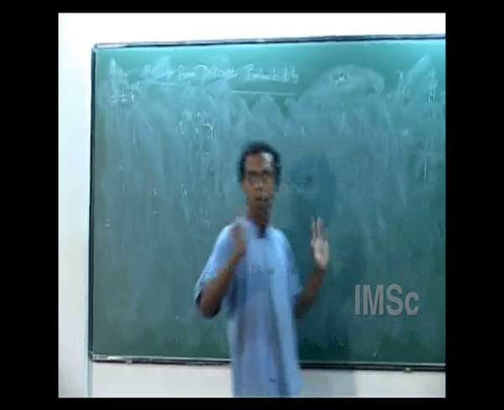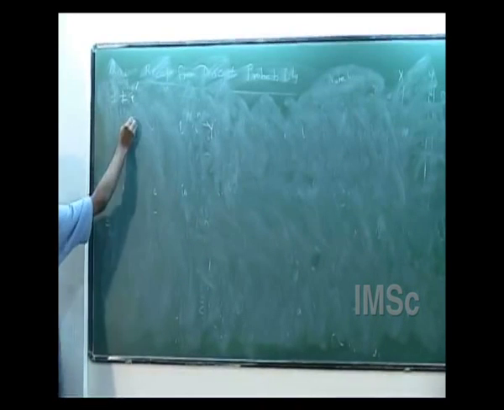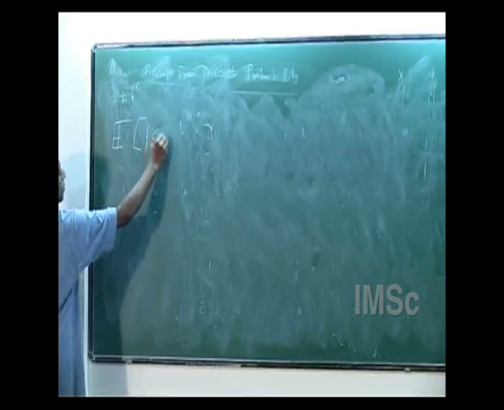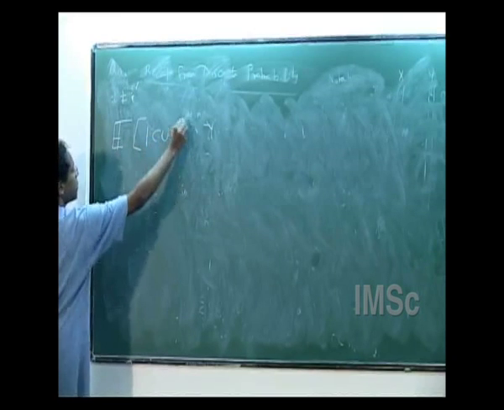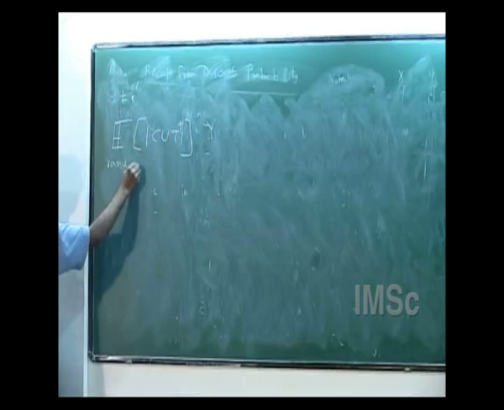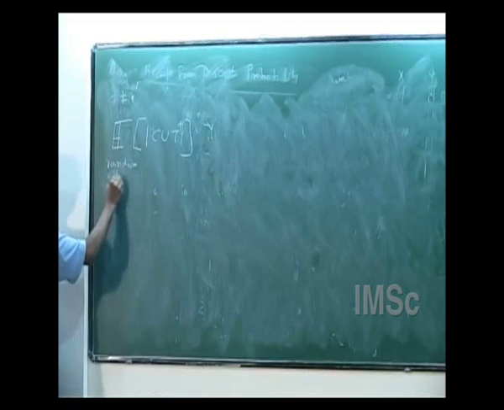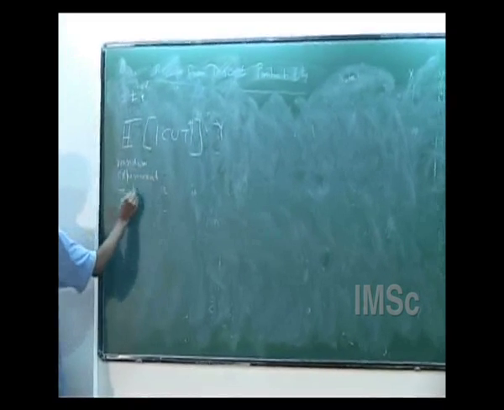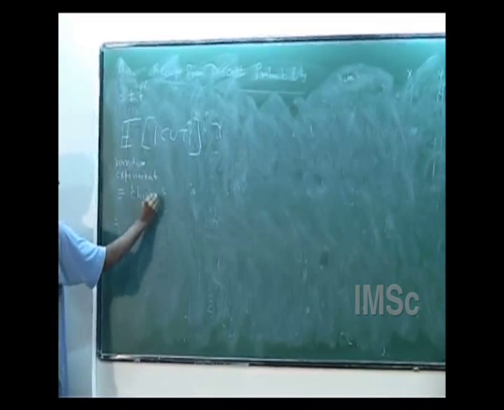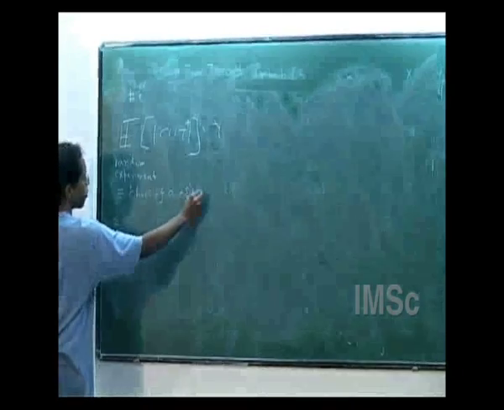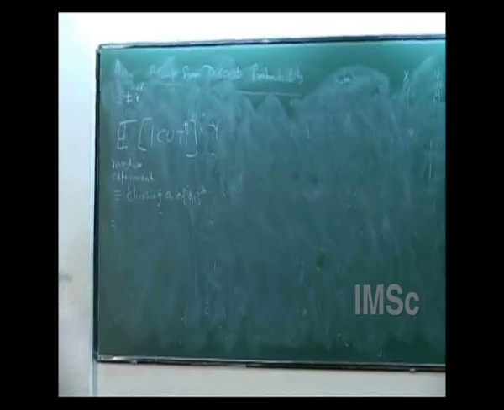Now all we have proved is that the expectation of the cut size, and this expectation is over the random experiment, which is equivalent to choosing A. This is the only random part in your whole analysis.